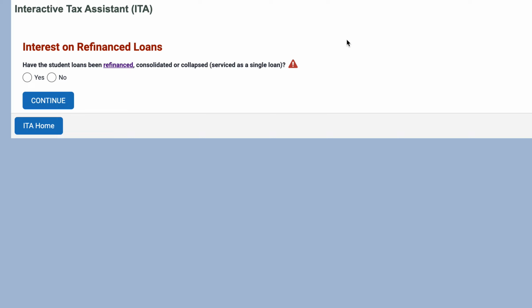So if you refinance a loan to pursue that 5th year of education or to go for your master's degree, then yes, you could. But if you refinance a loan and then you just added some other things like I'm going to consolidate my credit card debt, then you can't take that interest. So be very careful if that's a decision you're considering, because you wouldn't be able to deduct that interest.